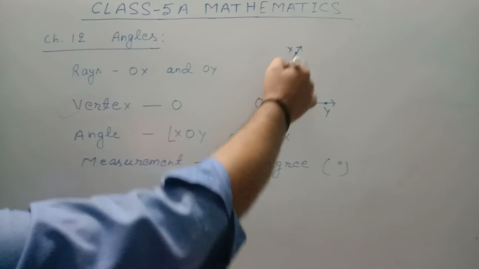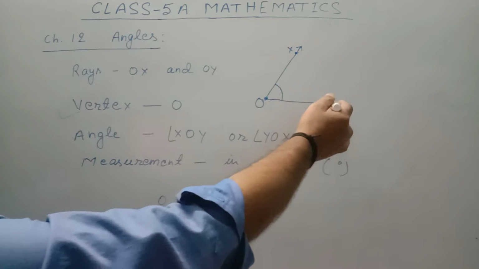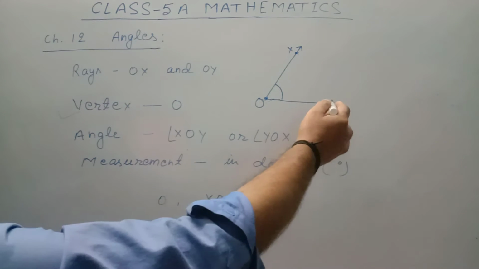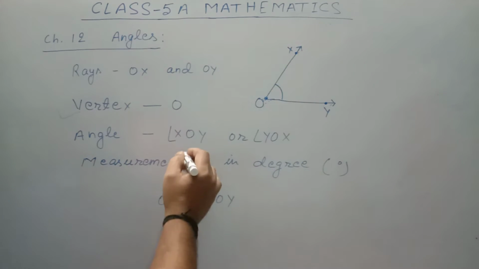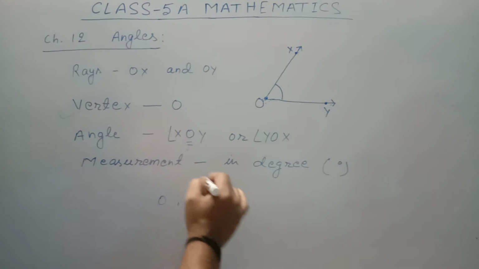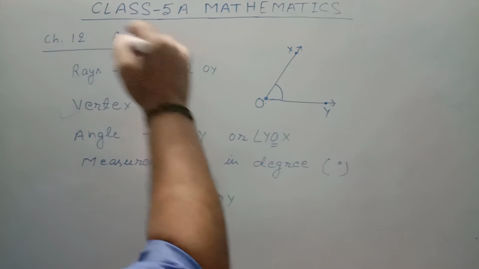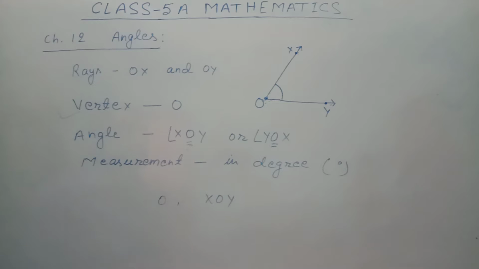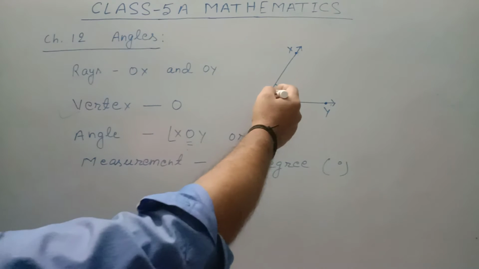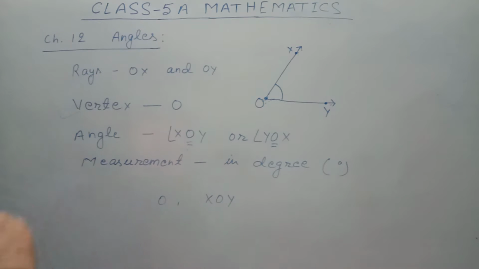So the name of this angle is XOY or YOX. In both cases O remains in the middle. O is the vertex, the meeting point of these two rays, and at that point the angle is formed.